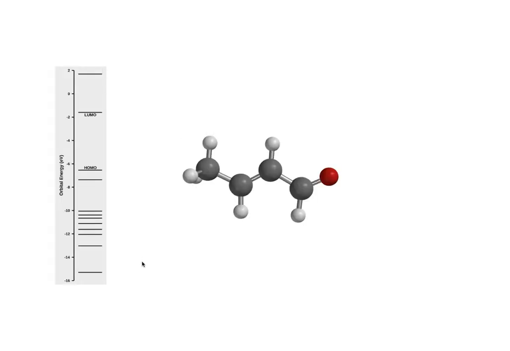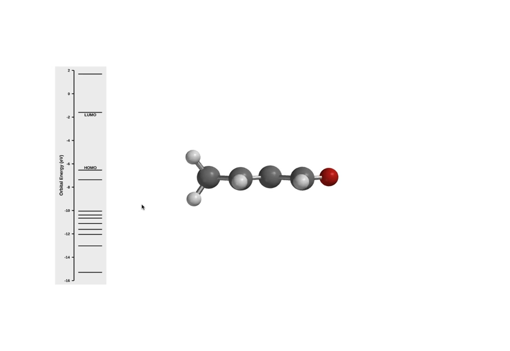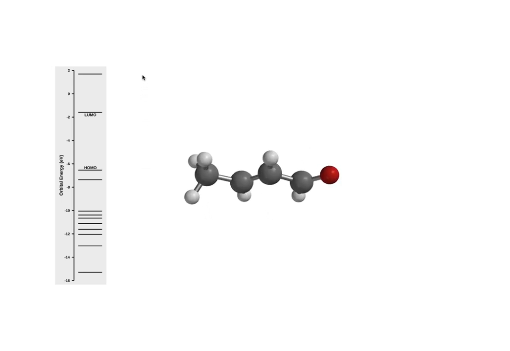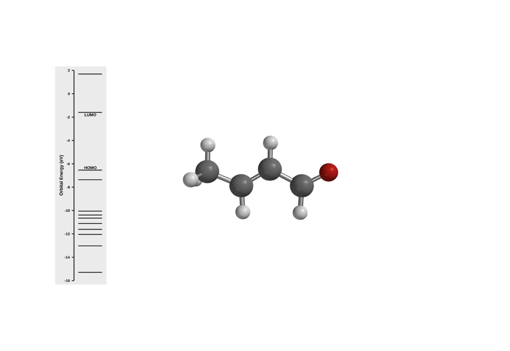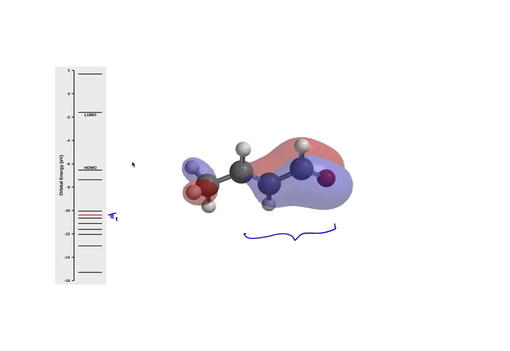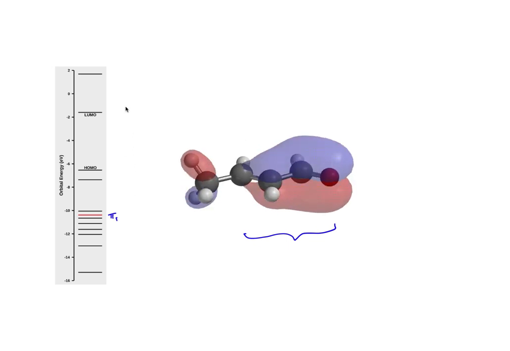This is the structure of trans-butenal in Spartan. The orbital labeled pi 1 has 4 p orbitals in phase from both the alkene and carbonyl pi bonds.